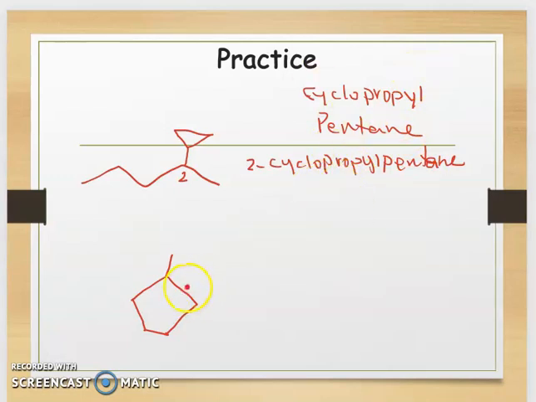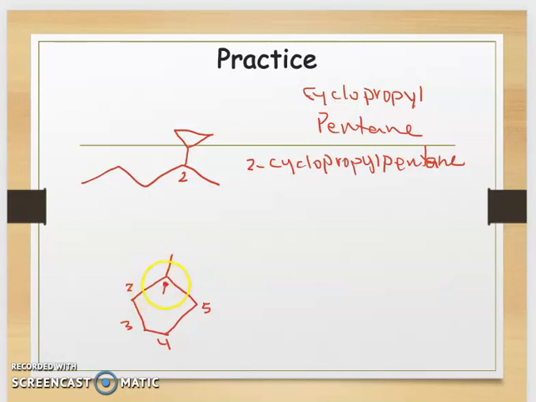So when you have it as a parent chain, then you start by numbering your carbons starting from the branch. Okay, so I could go this way numbering, or I could go this way. Doesn't really matter because there's only one branch. When you have 2 branches, then you have to think about where all of your branches are going to have the lowest number of carbons.